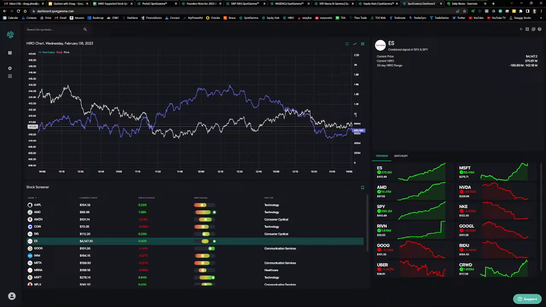So what I'm looking at here, let's start with ES. And this is the combined signal, SPX and SPY into the ES. So this is showing puts and calls for SPX and SPY combined into one signal for ES.